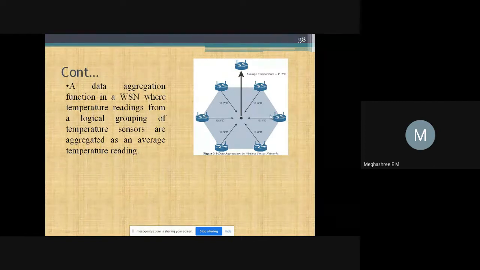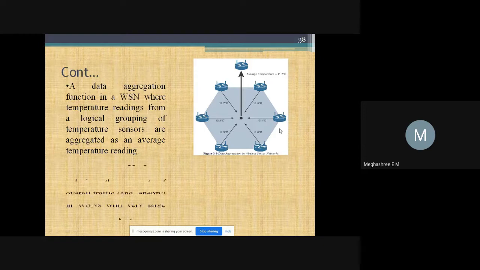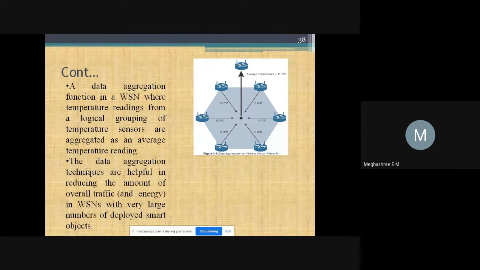So what does it do? Different sensors sense the data and give it to the data aggregation point, where it calculates the average temperature and then passes it on to the network for further processing. This data aggregation technique helps reduce the amount of overall traffic in a WSN with a large number of deployed smart objects. In general, each smart object would sense and pass the data to the processing place.